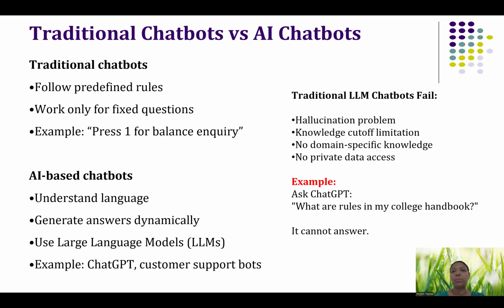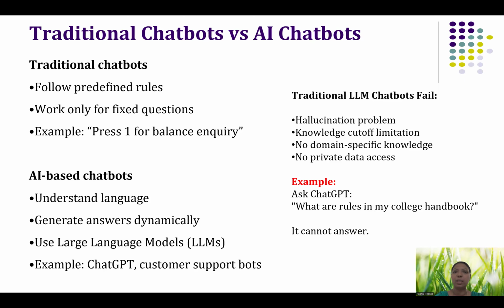There is also another limitation. It doesn't have access to private data, maybe of a particular organization. It may not get private access to the data of that particular organization, so if we ask a question related to that, it is not able to answer us. These are all the problems in traditional LLM chatbots.